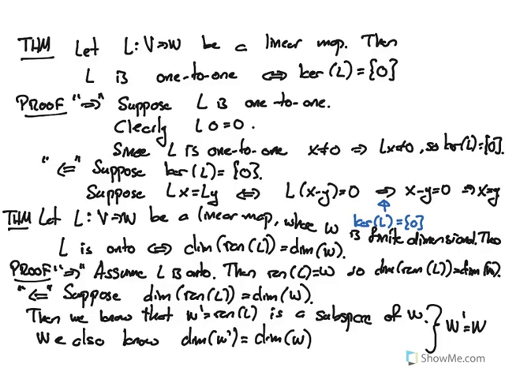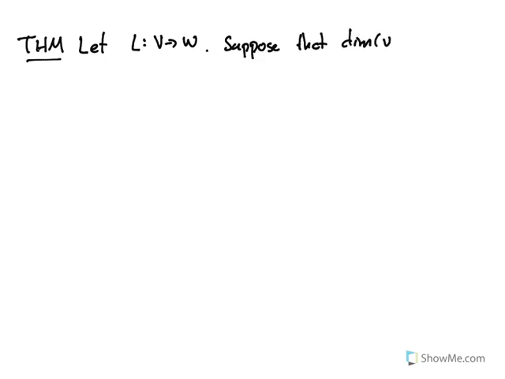So now these two theorems, if you combine them, then something interesting happens in the case when the dimensions of V and W are the same. So let's see how this works. So let's state a new theorem. As usual, let L be a linear map between two vector spaces V and W. And now we suppose that the dimension of V is equal to the dimension of W, and of course these have to be finite.